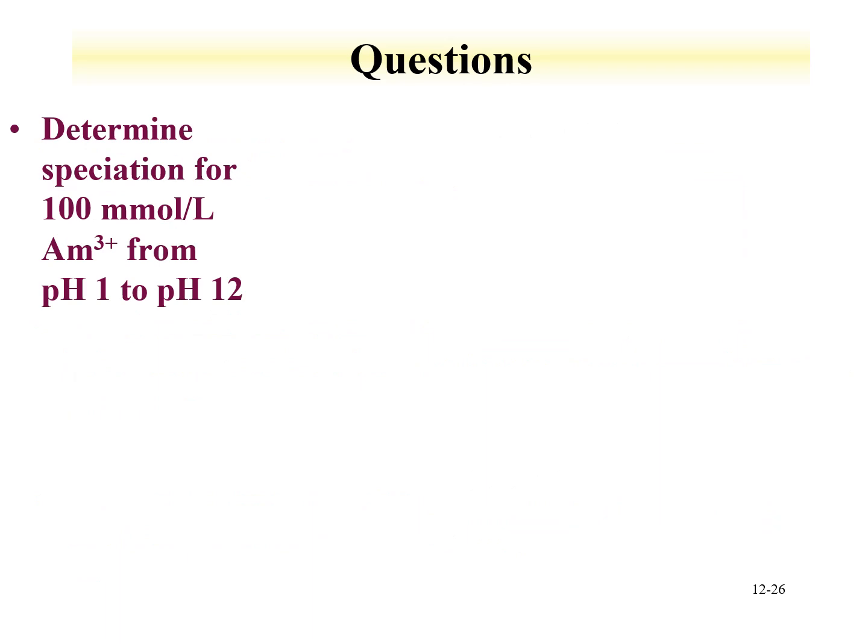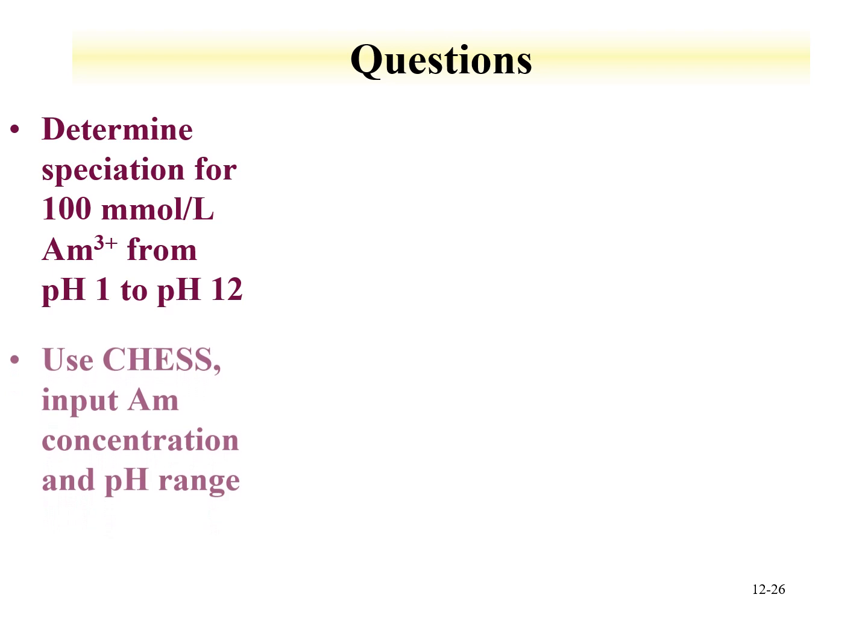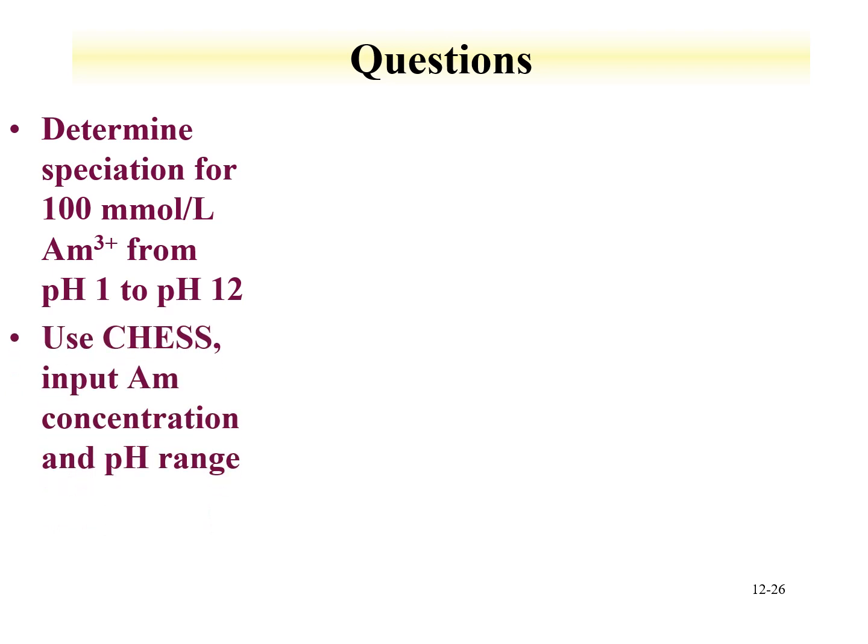Another question that you should be able to answer based upon the lecture is something to the effect of, well, determine the speciation for 100 millimole per liter americium-3 from pH 1 to pH 12. What one would do, you could use CHEM, input the americium concentration and the pH range.